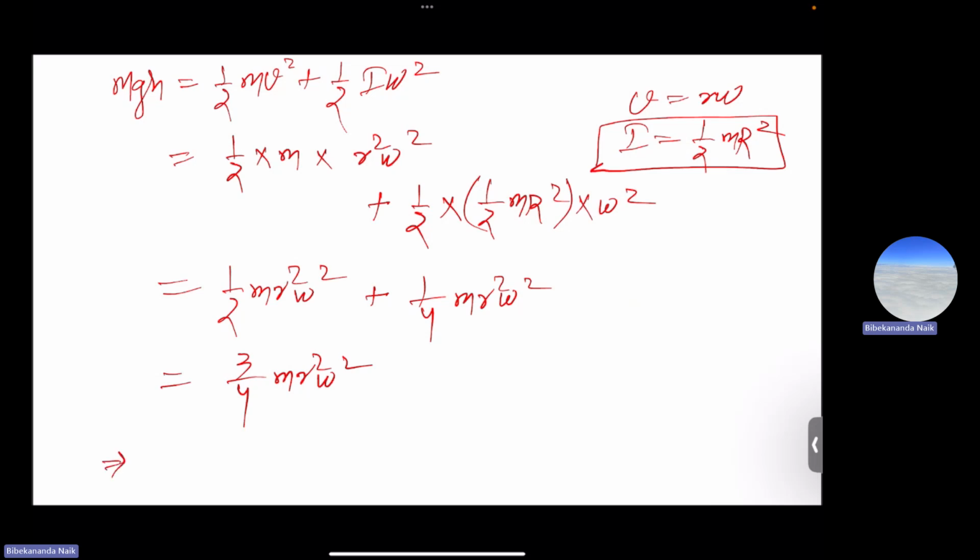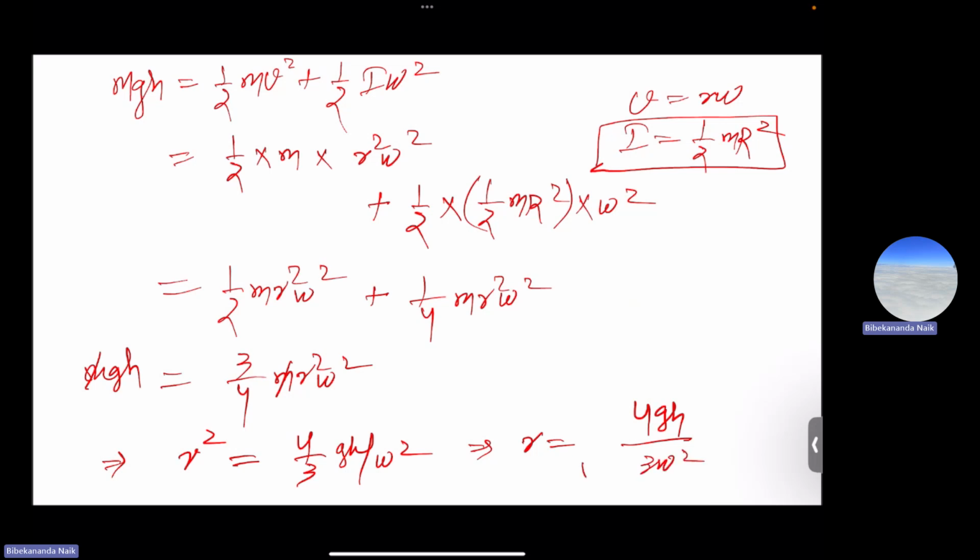Now m we can cancel out. In order to find the value of r, r square is 4 by 3 gh by omega square. That implies r is the square root of 4 gh by 3 omega square.